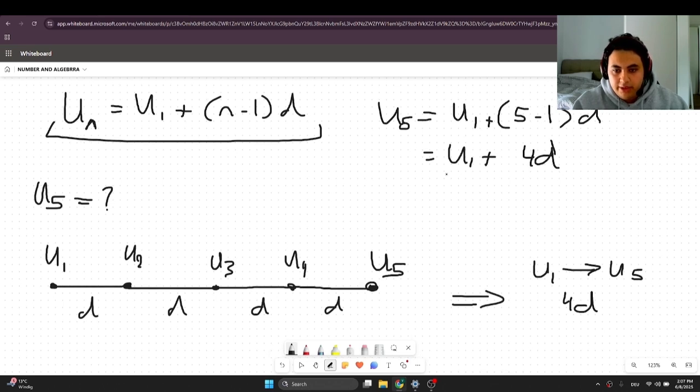So you're starting at the first term and adding 4 times the common difference to reach u5. So this is why we use this formula. This is how you can break it down and understand it.